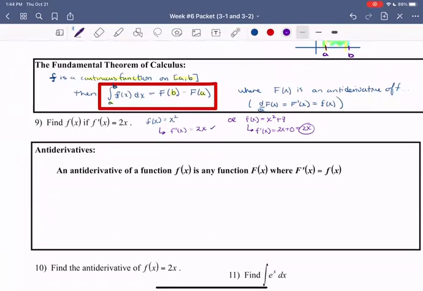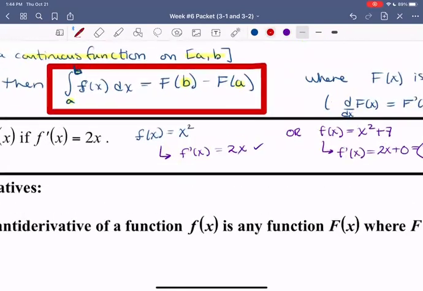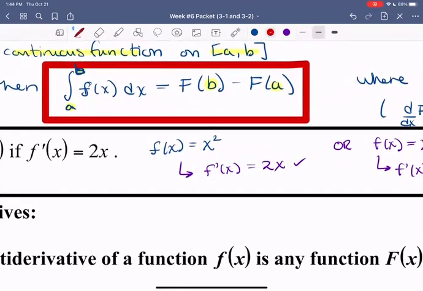So are there two functions? Are there any more? Or, well, we could have written f of x could be x squared plus pi. Here again, we see the derivative f prime of x is equal to 2x. And in fact, we could have written any constant here. We could have added any constant to x squared to have a function whose derivative is 2x.